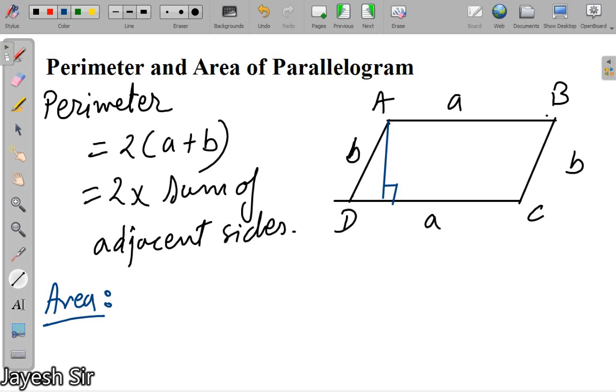Height of a parallelogram is the perpendicular drawn from one of the vertices of the parallelogram to the opposite side. That opposite side will be called the base.